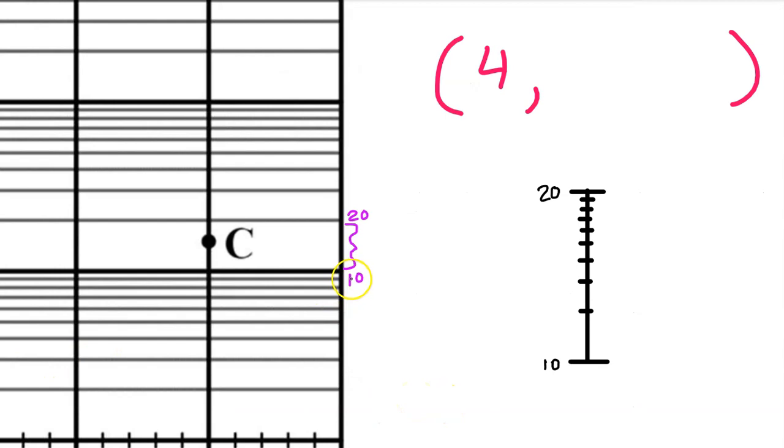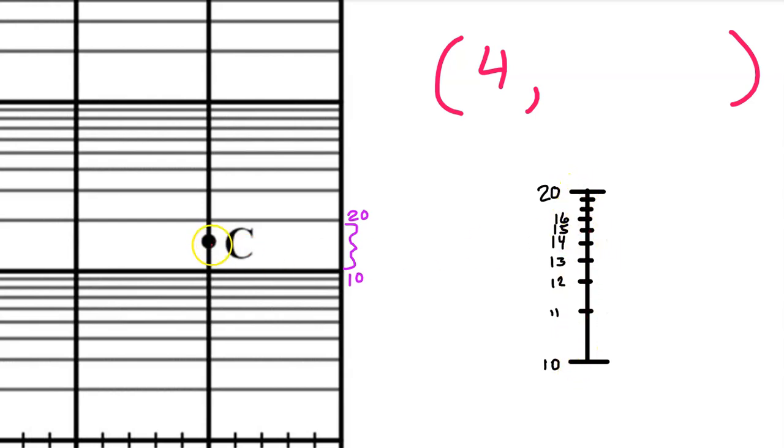Let's zoom in on the values between 10 and 20. Because the vertical axis is scaled logarithmically, the marks between 10 and 20 would not be evenly spaced. They would start out spaced more widely, and then they would get closer and closer as we approach 20. Notice that even though the number 15 is halfway between the value of 10 and 20, on the logarithmic scale, it will be very close to 20 and further away from 10.